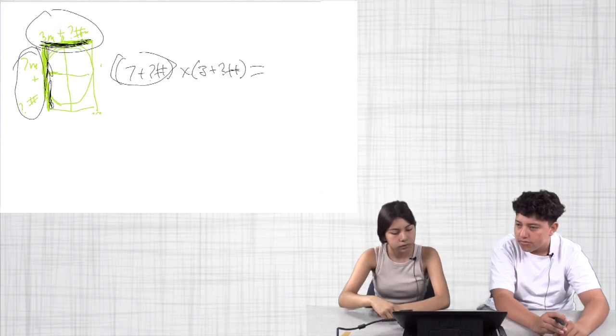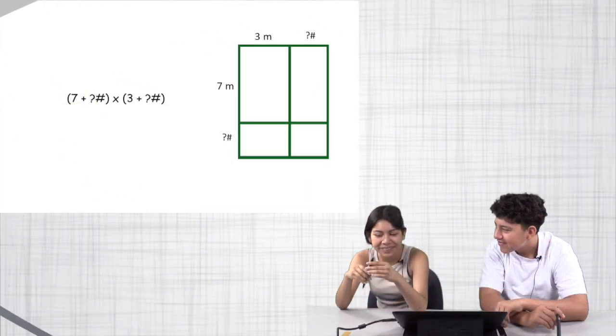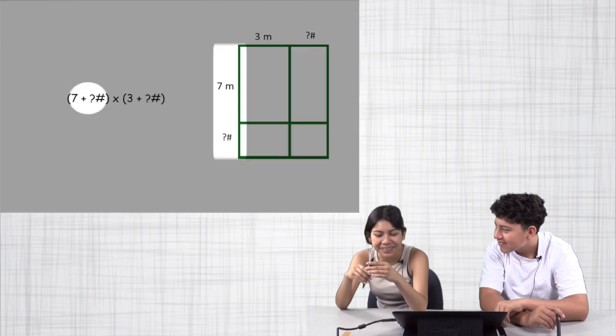Okay, awesome. Mauricio and Emily did it. They wrote an algebraic expression showing their second method for finding the area of Ariana's new garden. First, they found the length of the new garden by adding the length of Ariana's original garden to the increase in length.